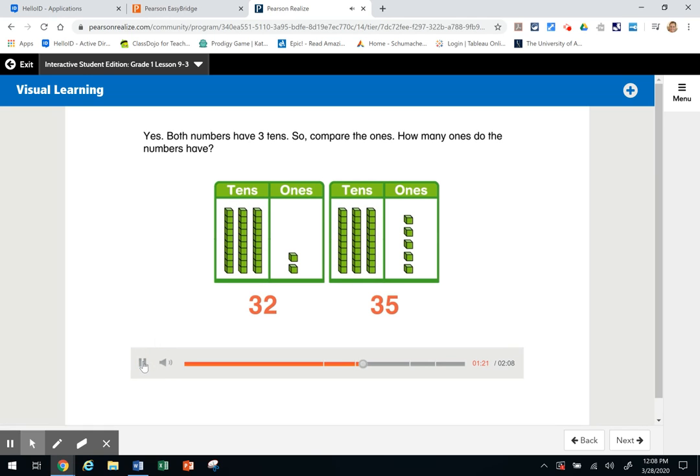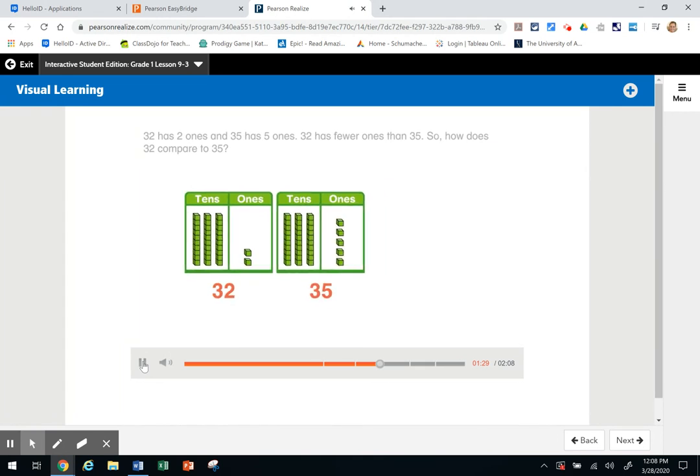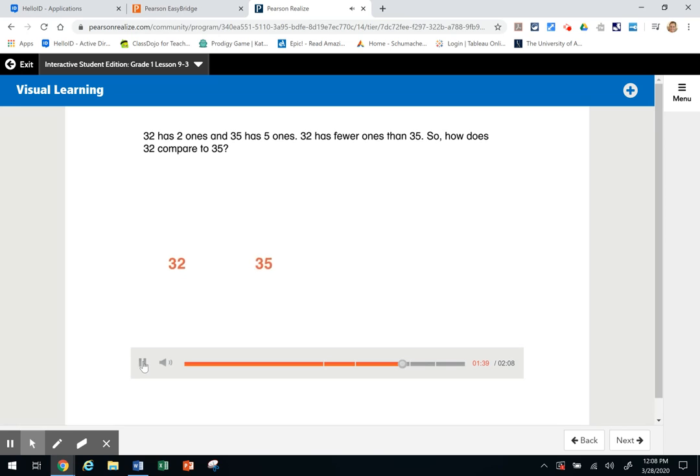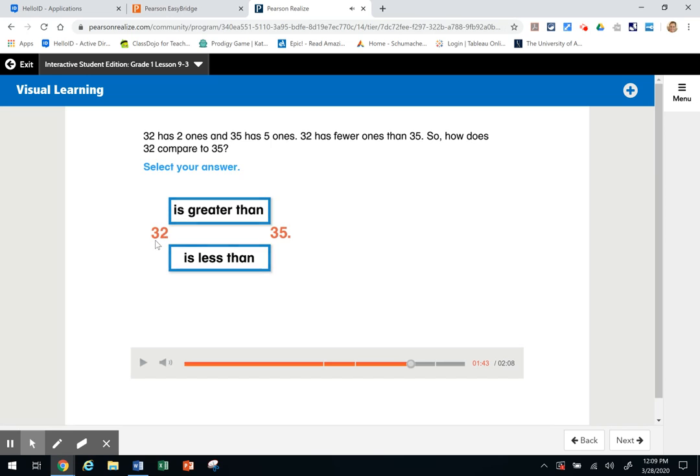So compare the ones. How many ones do the numbers have? 32 has 2 ones and 35 has 5 ones. 32 has fewer ones than 35. So, how does 32 compare to 35? Select your answer.